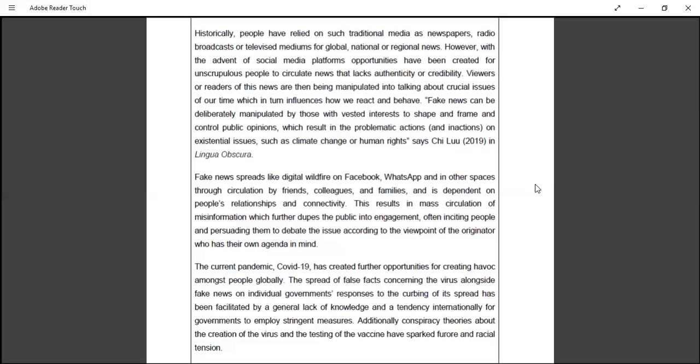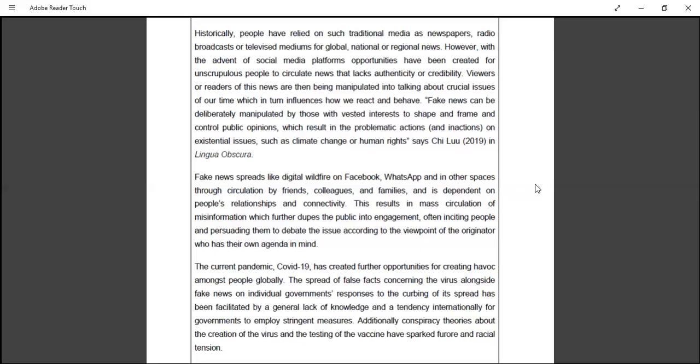Now, fake news spreads like digital wildfire on Facebook, WhatsApp, and in other spaces through circulation by friends, colleagues, and families, and is dependent on people's relationships and connectivity.